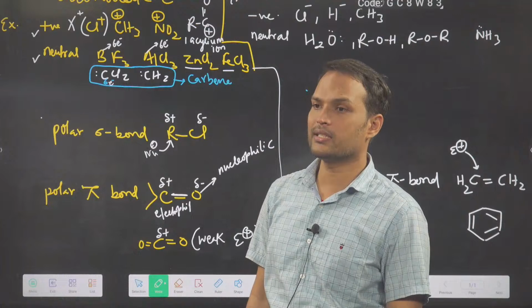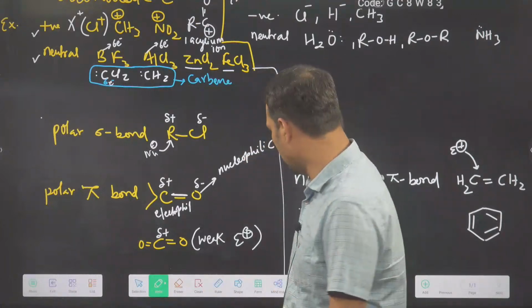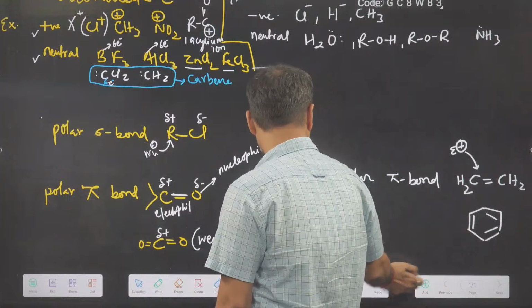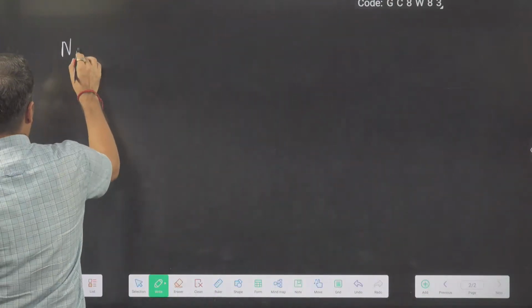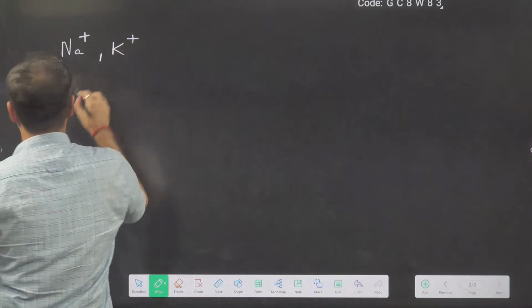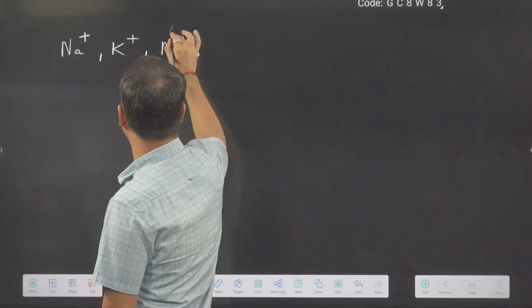No, all cations are not electrophiles. I will tell you a few examples at last. Like they say Na plus, K plus. Somewhere they have taken them, but somewhere they say these are not counted as electrophiles.